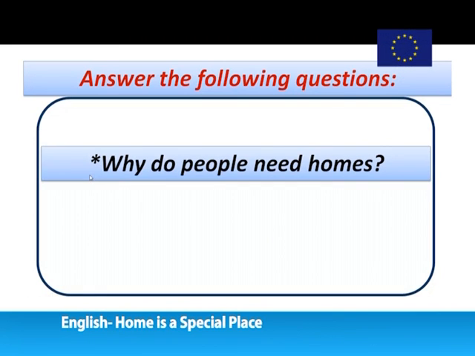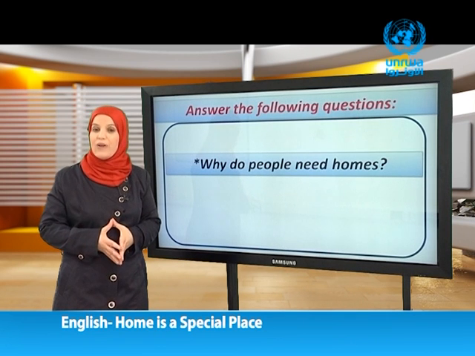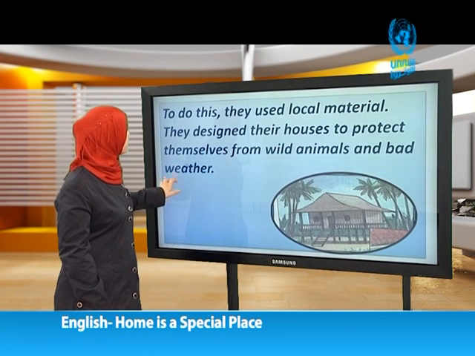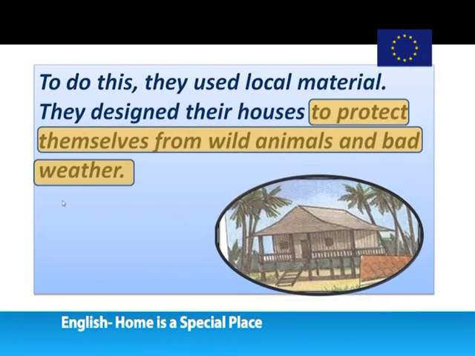Why do people need homes? Why asks about reason or purpose. Now, let's look for the answer. Look. To do this, they use local materials. They design their houses to protect themselves from wild animals and bad weather.